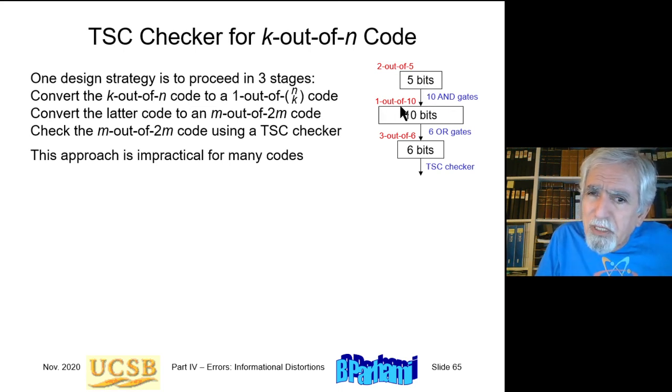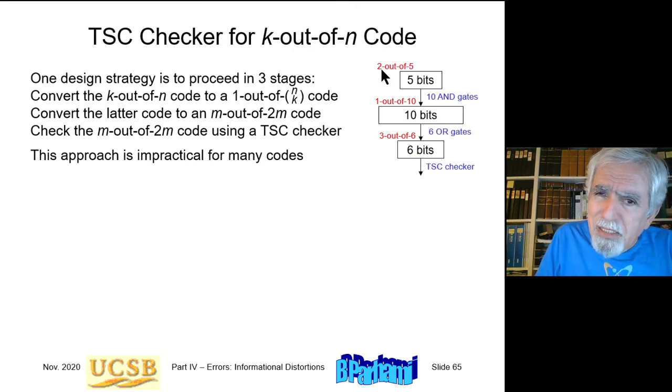Then I can convert the 1 out of 10 code to 3 out of 6 code, which is of the form M out of 2M, using 6 OR gates. And then I can check this using the methods that we previously introduced. Therefore, the sequence of 3 checkers acts as a self-checking 2 out of 5 code checker.